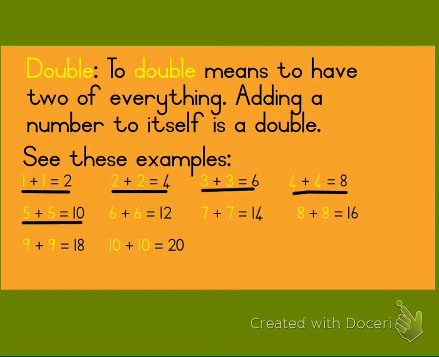Double 6, so 6 plus 6 is equal to 12. Double 7, 7 plus 7 is equal to 14. Double 8, 8 plus 8 is equal to 16. Double 9, 9 plus 9 is equal to 18. And 10, 10 plus 10 is equal to 20.